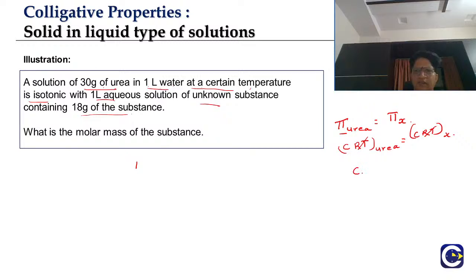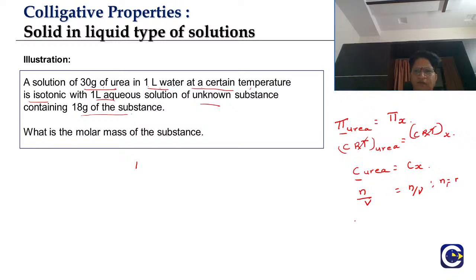We have to say C of urea is equal to C of X. So concentration எதுல கொடுக்கலாம்? We will go with molarity. So molarity வந்து N by V. Volume of solution வந்து ரெண்டுக்குமே they have given us 1 liter of solution. So we will not take even volume, you can directly compare with number of moles.